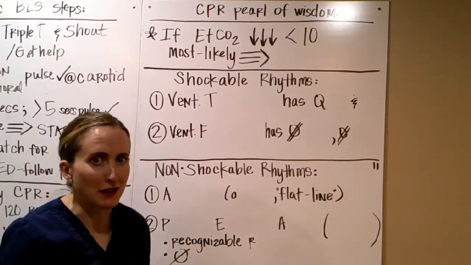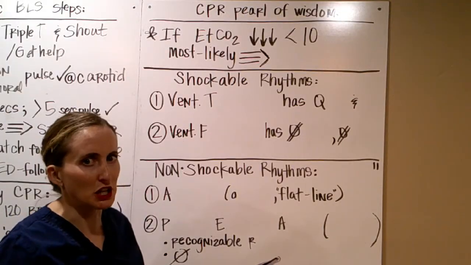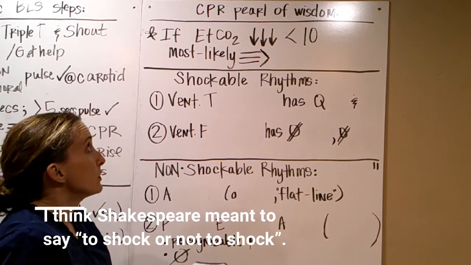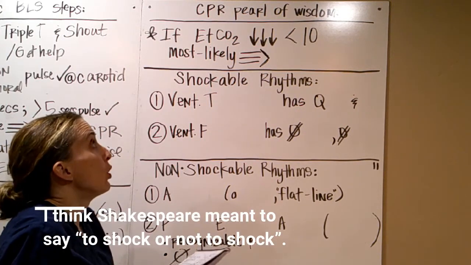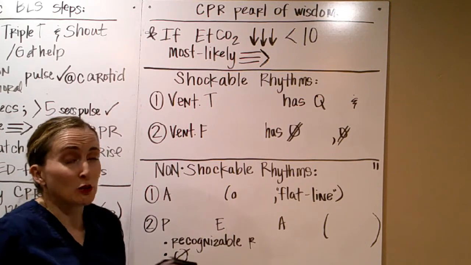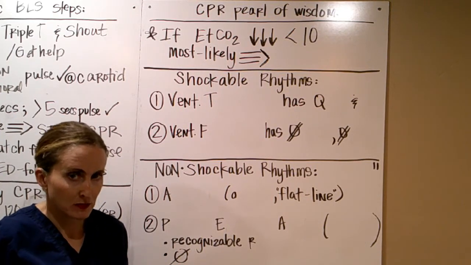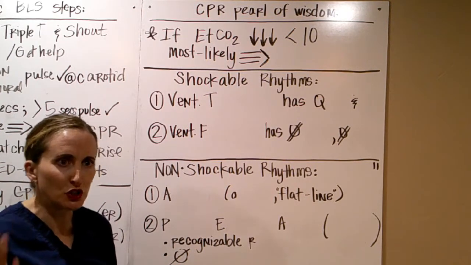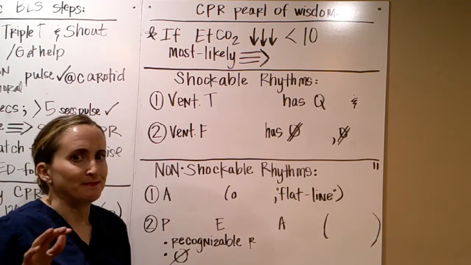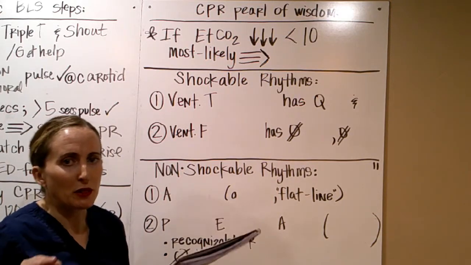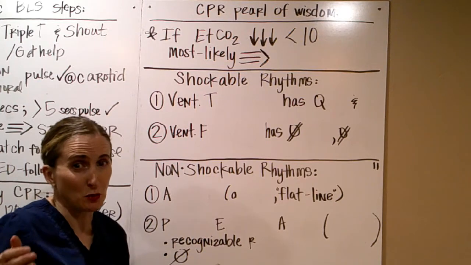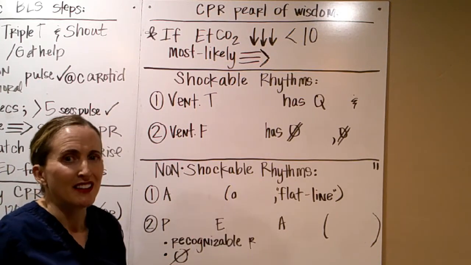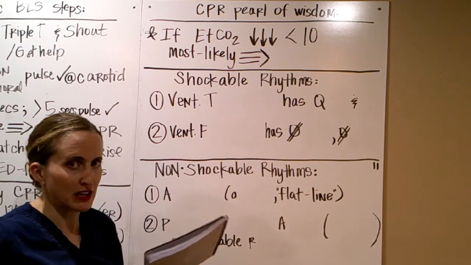The question remains, to shock or not to shock, right? So CPR rule of wisdom. So if our end tidal CO2 goes down below 10, and if you remember, our normal CO2 should be between, depending on who you talk to, somewhere between 30, sometimes 35 to 45, somewhere in there, right? That's a normal person end tidal CO2.